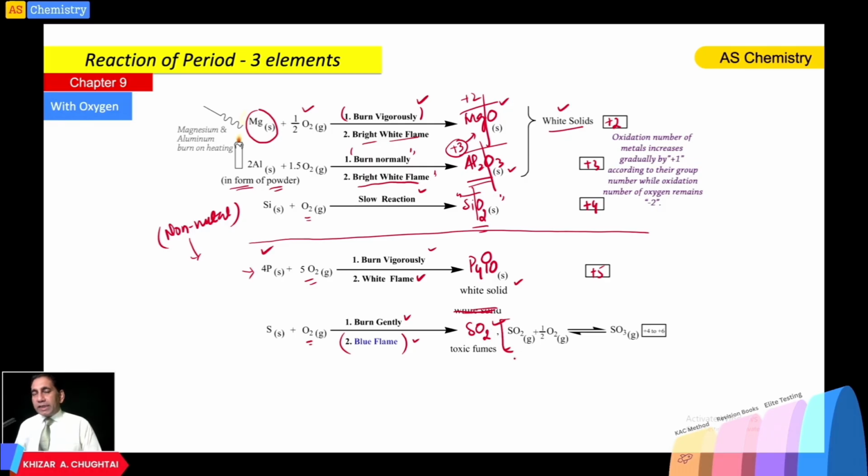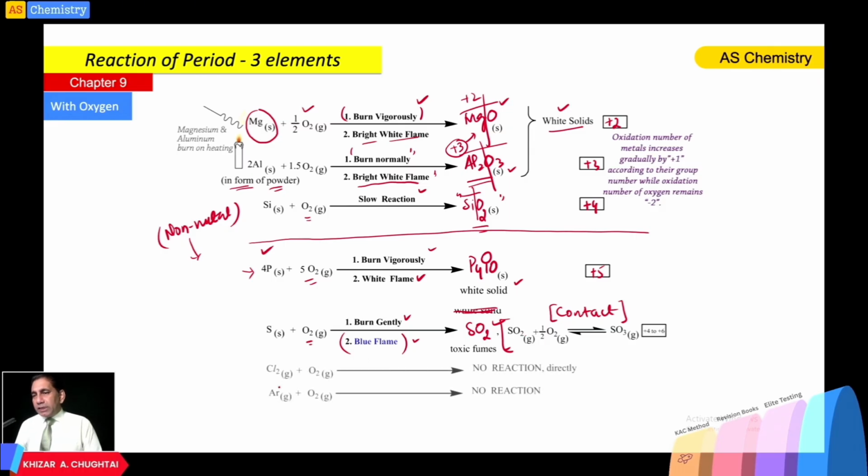If you want to change this SO2 gas into SO3, then you will have to apply the contact process, and you will have to apply pressure, provide a temperature of 450 degrees Celsius and a catalyst, and so on.